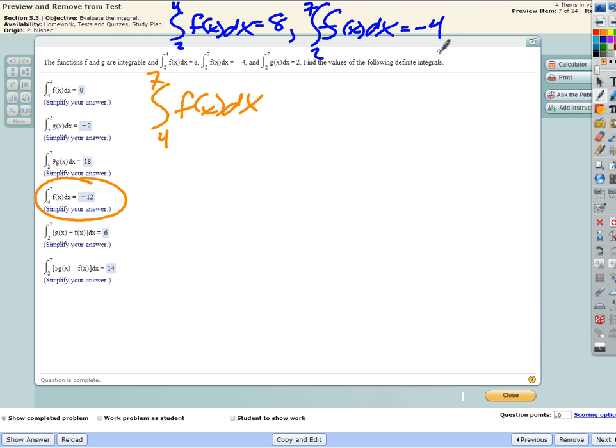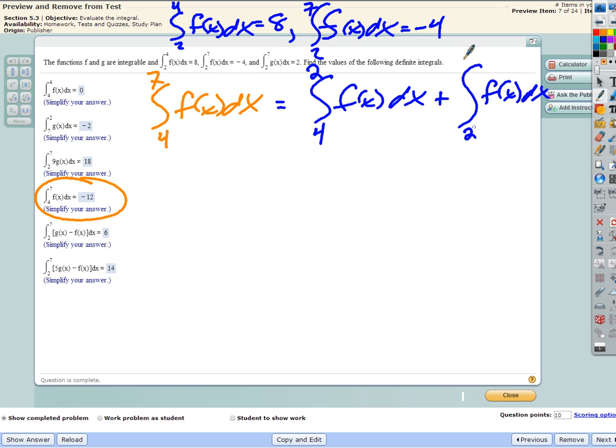We want to look at this in terms of our properties of definite integrals. We could also say this would equal the definite integral of f of x dx from 4 to 2 plus the integral of f of x dx from 2 to 7, right? Because if I stop at 2 here and I start at 2 there, it's just like I'm adding up a continuous area.